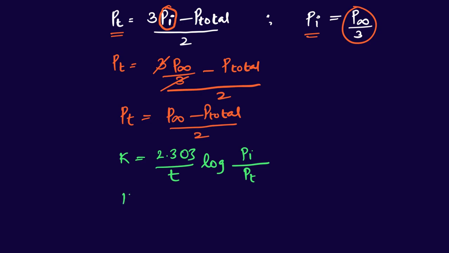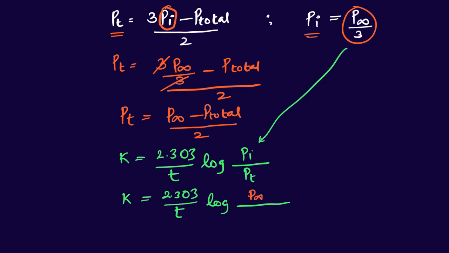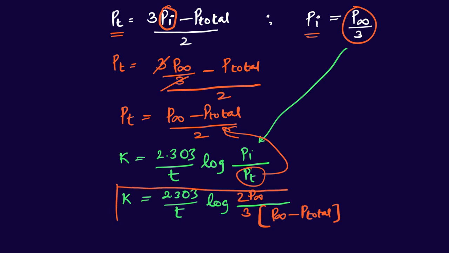Now K is equal to 2.303 divided by t, log of, in place of Pi, P infinite by 3, and in place of P at t time we can write P infinite minus P total divided by 2. The 2 will go to the numerator. So this is the final equation.